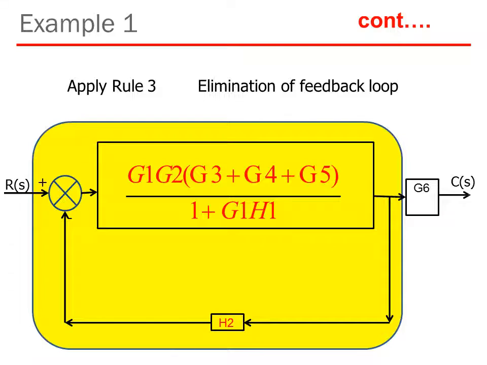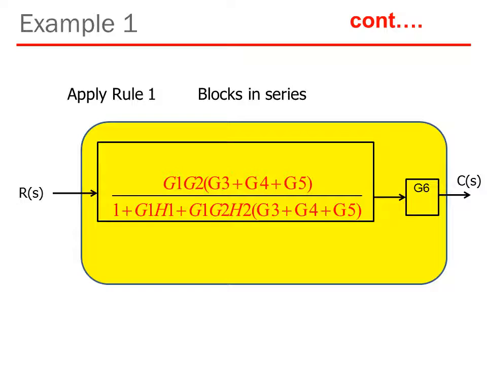You have to consider, instead of G, the whole block, that is G1 G2 into bracket G3 plus G4 plus G5 divided by 1 plus G1 H1, and then apply rule 3, elimination of feedback loop. So here it is: G1 G2 into bracket G3 plus G4 plus G5 divided by 1 plus G1 H1 plus G1 G2 H2 into bracket G3 plus G4 plus G5.